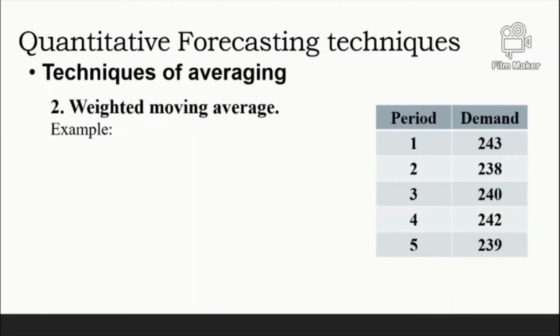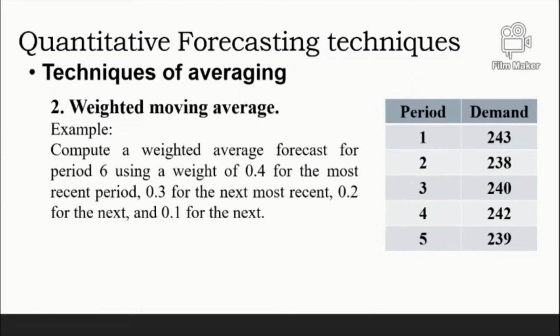For the given data, compute a weighted average forecast for period 6 using a weight of 0.4 for the most recent period, 0.3 for the next most recent, 0.2 for the next, and 0.1 for the next. So using the previous equation, F6 equals W5A5 plus W4A4 plus W3A3 plus W2A2.